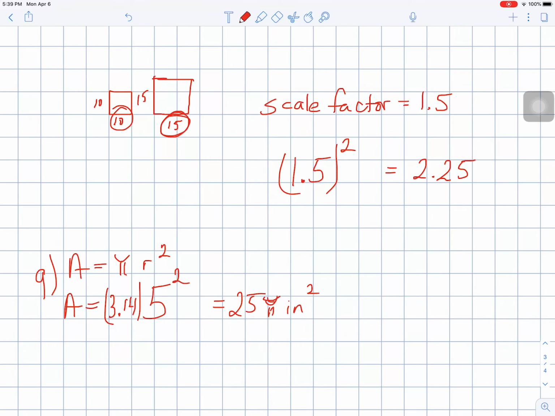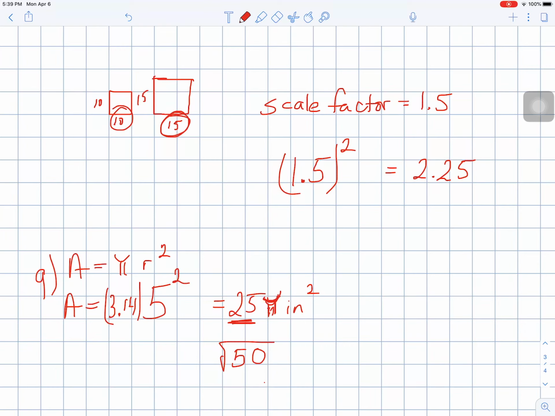That's an easy way to figure it out. So what we're trying to do is get something that is double this. What's double? That's 50. That means our radius, if we take the square root of that, is going to be the square root of 50.